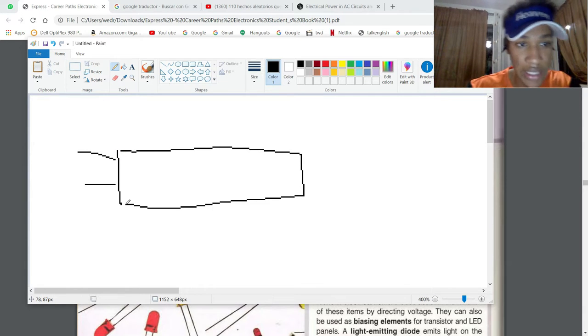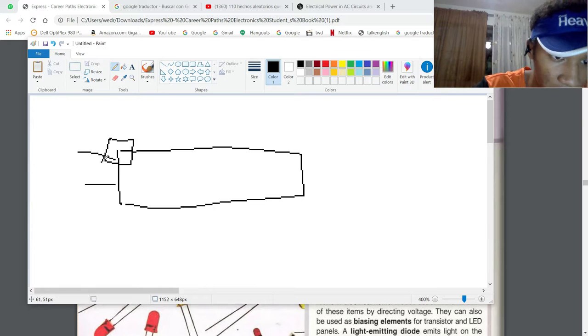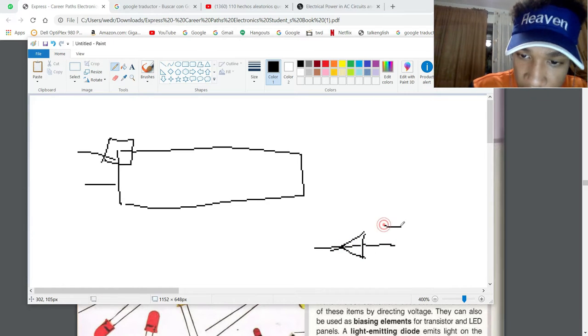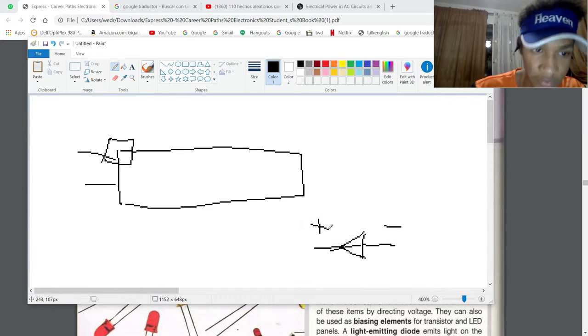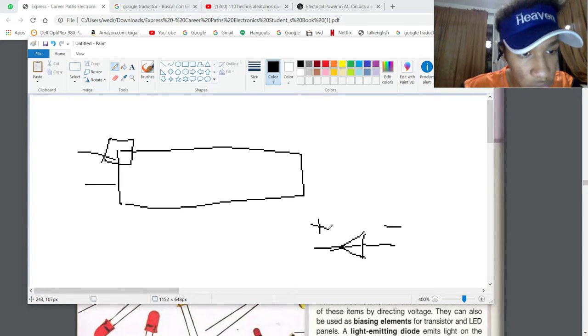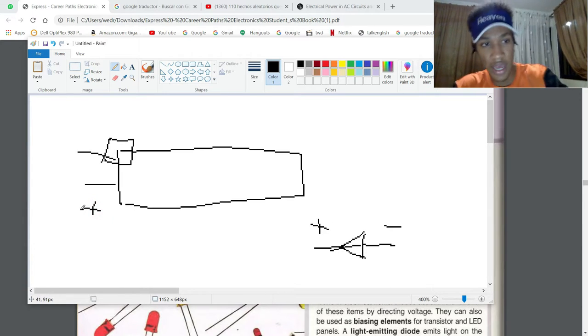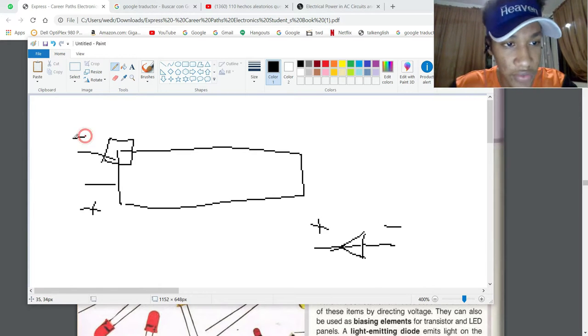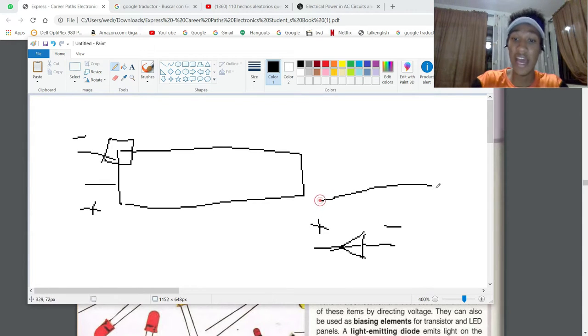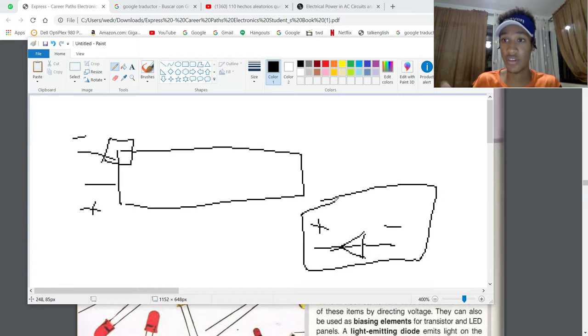Okay. In this square I have a diode, negative and positive. So I have two jumpers. In this jumper I put positive, and in that second jumper I put negative. So the circuit doesn't work because I put them differently, but the diode works correctly.